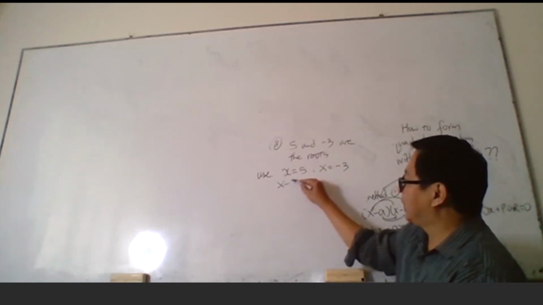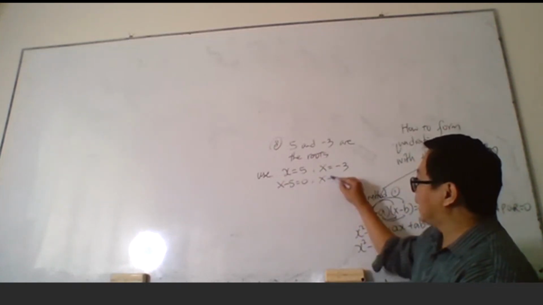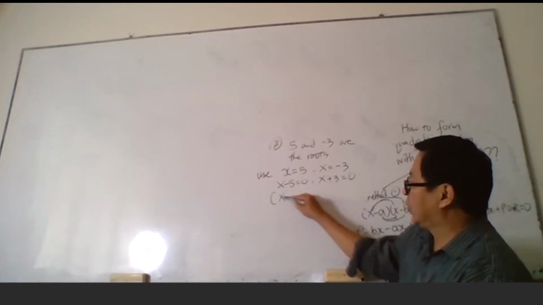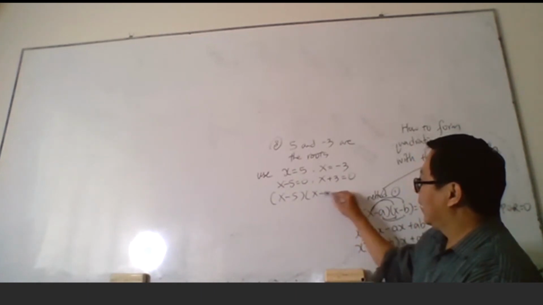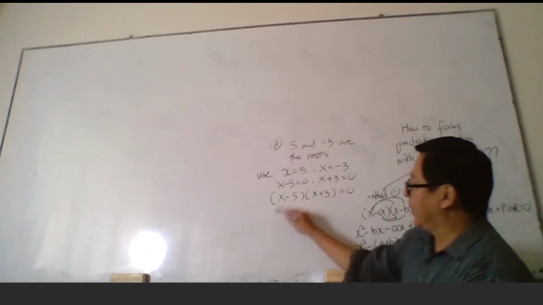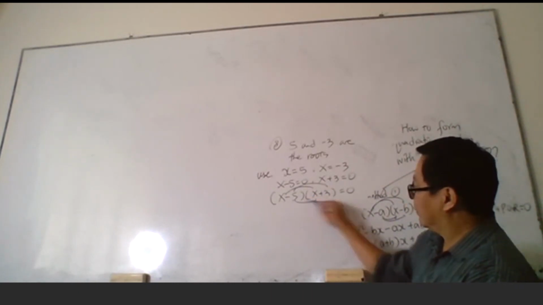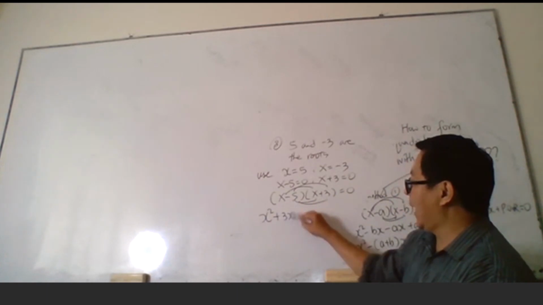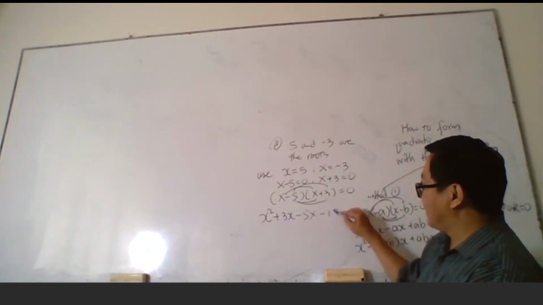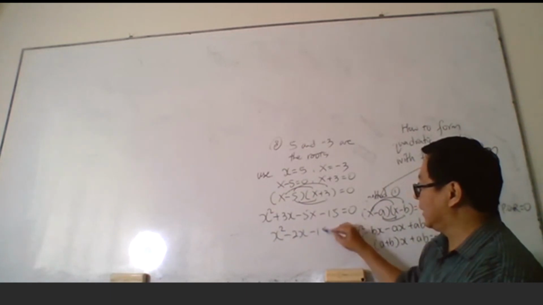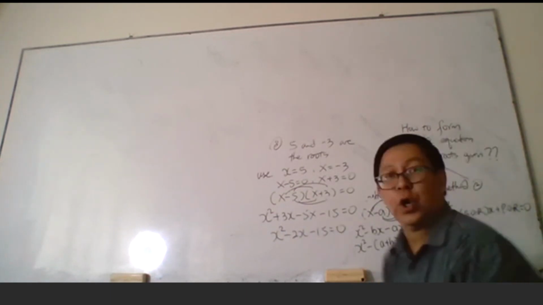And x minus 5 equal to 0, x plus 3 equal to 0. So we just put the two linear expressions together and then we expand. You get x squared plus 3x minus 5x minus 15. And x squared minus 2x minus 15 equal to 0.